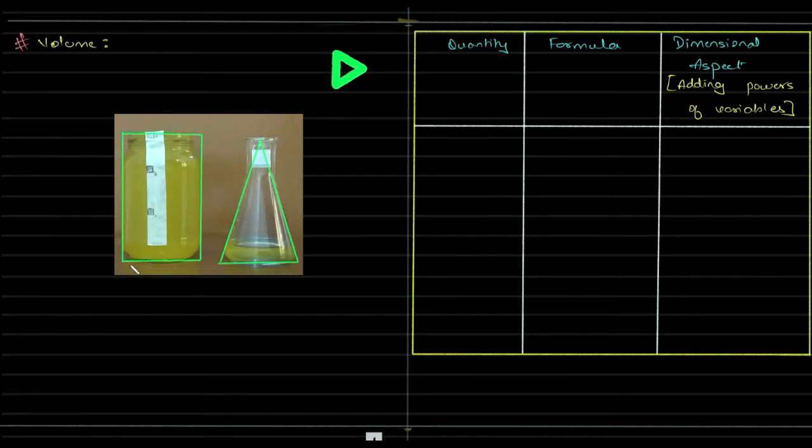Okay, so this is a cylinder. And this is your cone. So we have to make a note that they have almost the same radius and height.